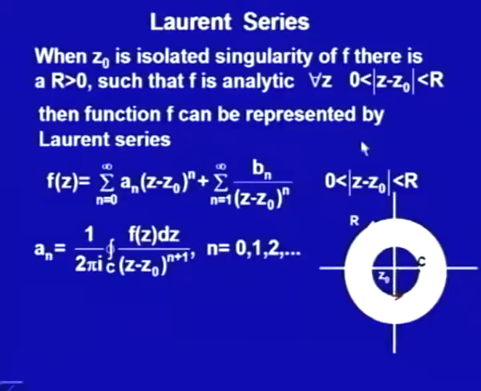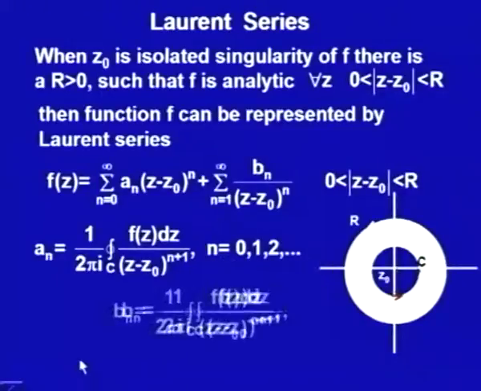So, whenever I am taking 0 less than |z minus z naught|, this C is not necessarily this one, it could be any C, but it has to exclude your z naught. So a_n can be given as 1 upon 2 pi i, the integral on the closed contour C of f(z) upon (z minus z naught) to the power n plus 1, for n equal to 0, 1, 2 and so on.